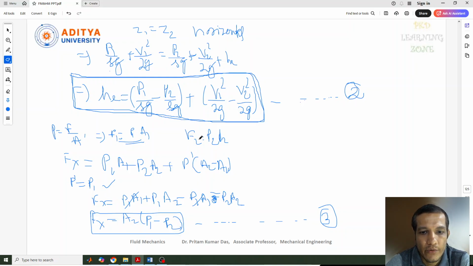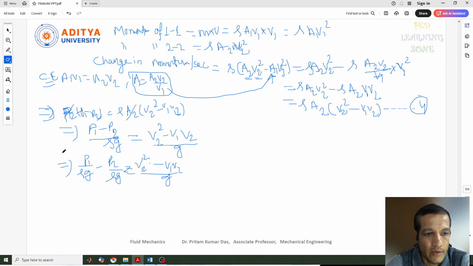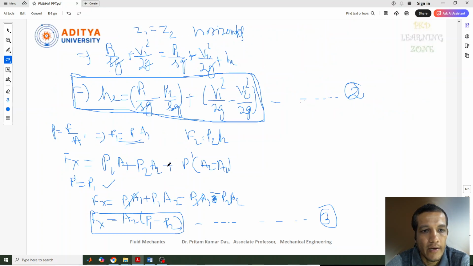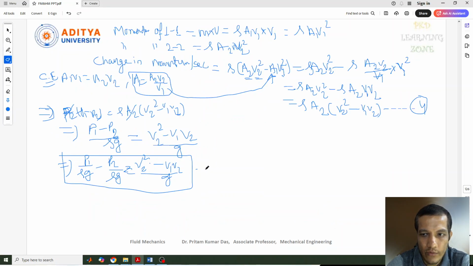Let's put the value of P1 by ρg minus P2 by ρg from this equation, equation 5, into equation 1.